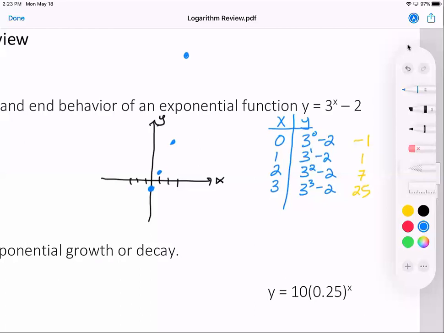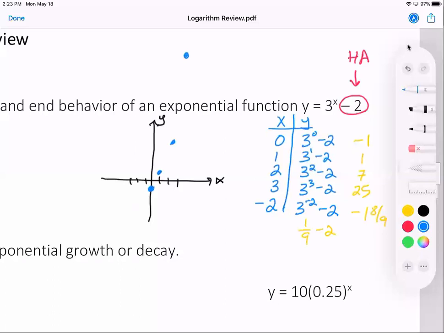Now, it would be nice to know where the asymptote is, and the asymptote is going to be at negative 2. You're going to have a horizontal asymptote. You would know this, that, for instance, if you plugged in, let's say, negative 2, that would be 3 to the negative 2 minus 2, which would be 1/9 minus 2. That's really, really close. That's like negative 1 8/9, something like that.